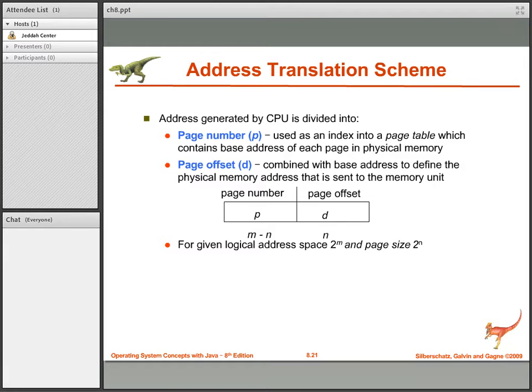The page number segment P is an index into a page table that contains the base address of each page in the physical memory. So the page number gives us the base address of each page in the physical memory.